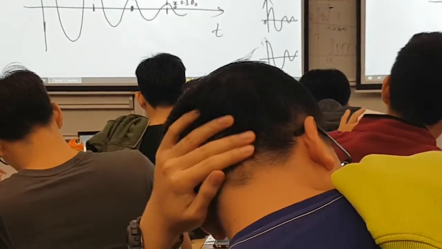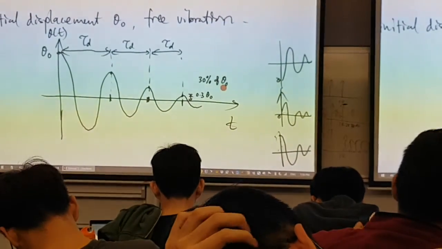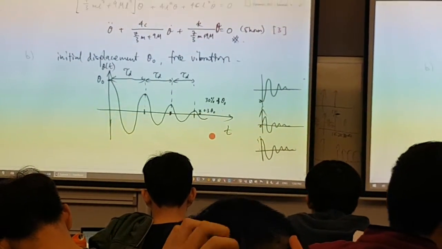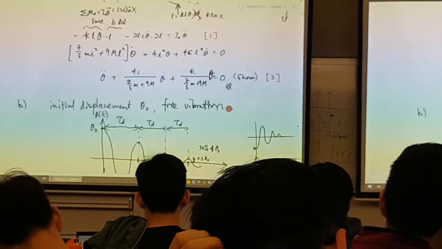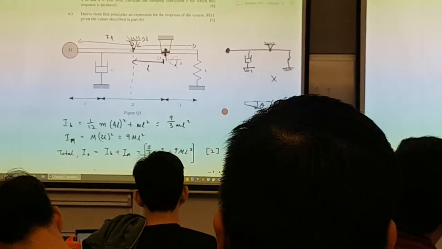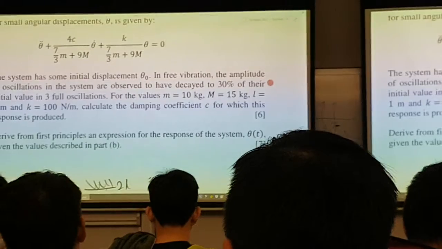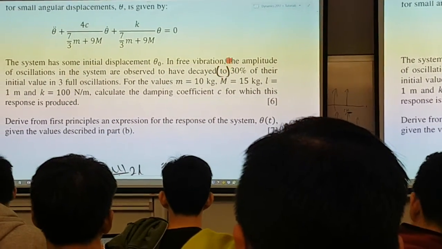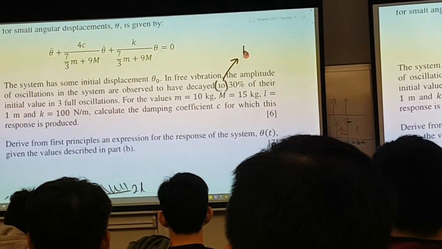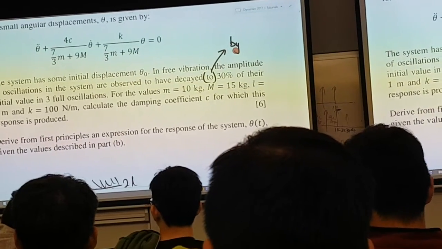One student that year was asking me about this question. He was reading this and asking, Prof, is it pi or 2?